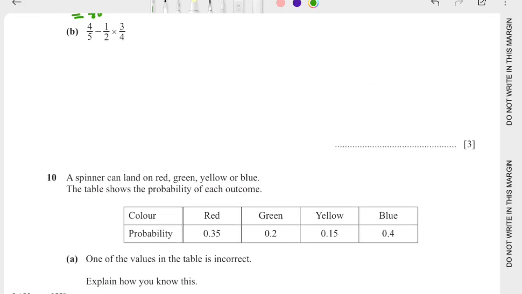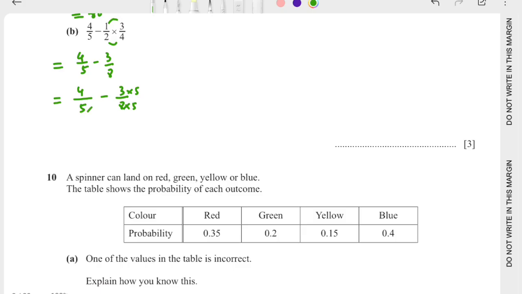Next part. Here we have to apply BODMAS rule. First of all, we'll multiply, then subtract. 4 by 5 minus 3 times 1 by 8, where 3 and 4 times 2 is 8. We will make the denominator the same. So we multiply 5 by 8, and multiply 8 by 5.